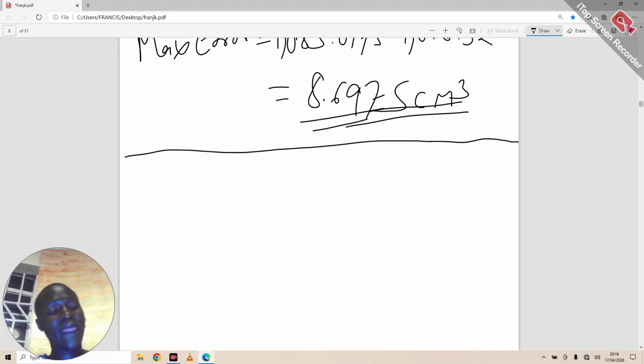I told you that an examiner will not just give you a direct question that this part is multiply. An examiner won't use such words like directly multiply, add, divide, subtract.